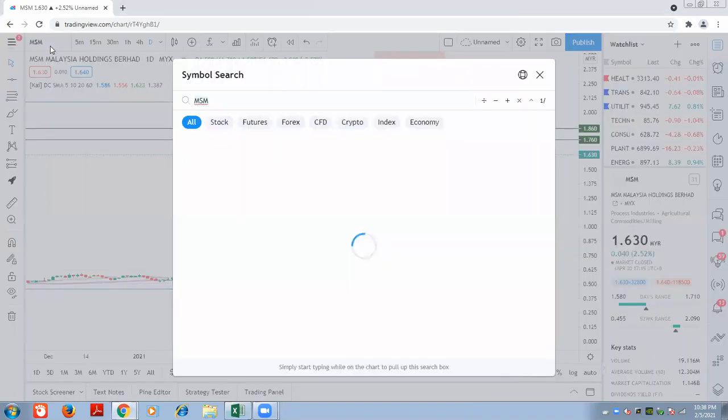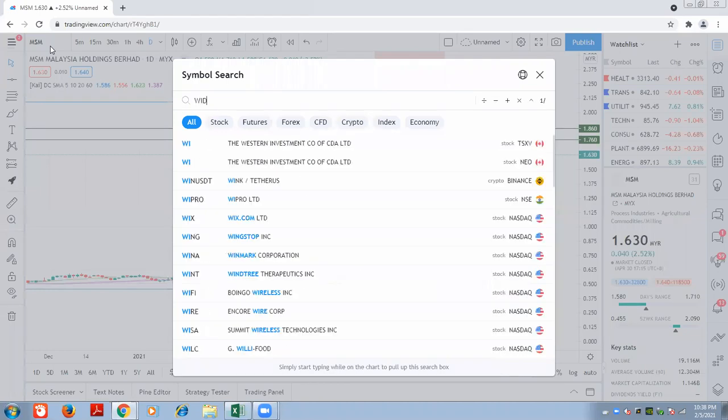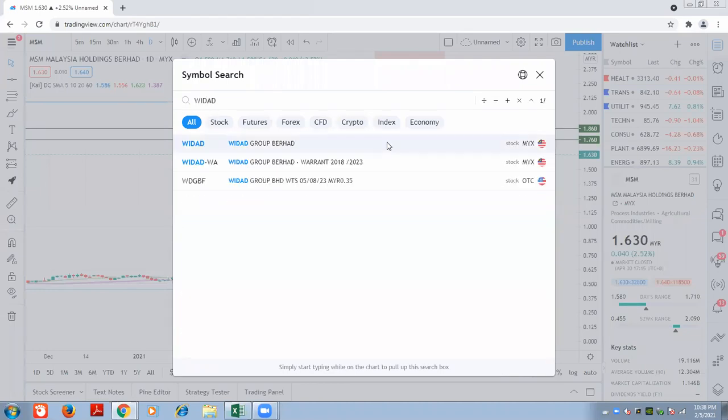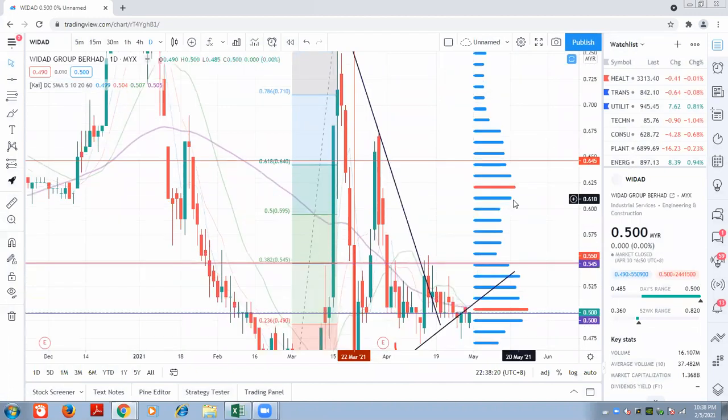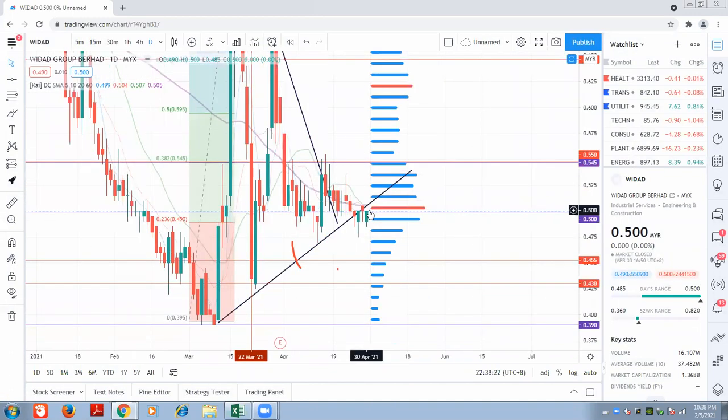Okay. It seems like our friends are holding for a long time. You see here is the TRL. Now it exits the trend line. There is a resistance.